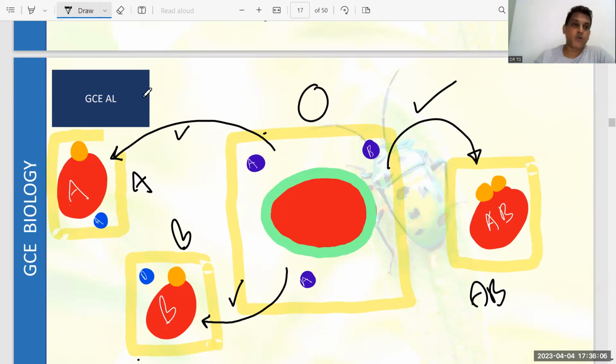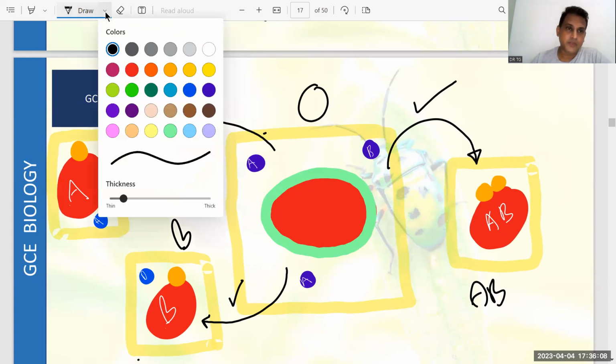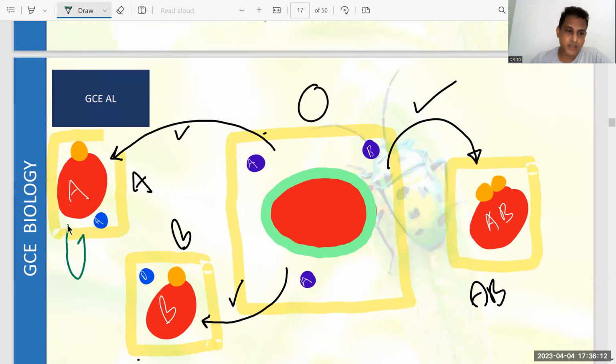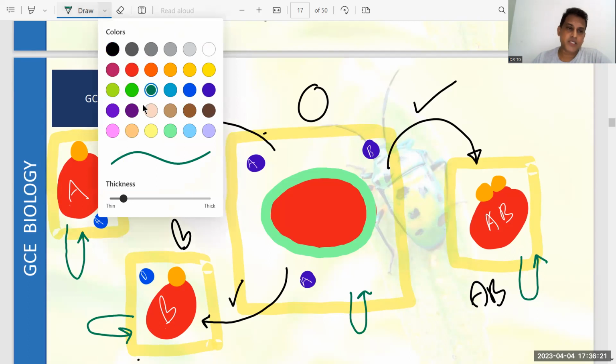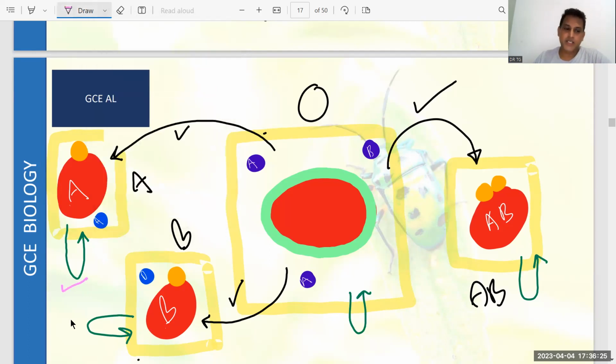So it is always possible to give blood to the same blood group: A can give to A, B can give to B, AB can give to AB, O can give to O. This is always possible because of the same blood group. We don't need to find out why, because with the same blood group, nothing will happen.